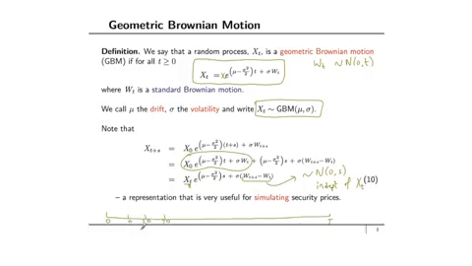So we want to generate X_delta, X_2delta, X_3delta, and so on. We can simulate the geometric Brownian motion at these time periods by just simulating n normal(0, delta) random variables. That's very easy to do in standard software. You can even do it easily in Excel.